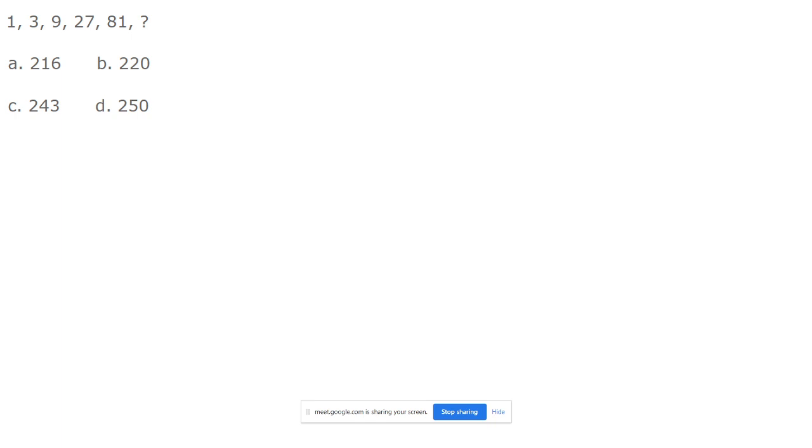Why 216? What about 216? 216 कैसे आ रहा है? 216 के लिए भी अगर कोई वैलिड पैटर्न रहेगा तो we can think about it. The pattern is of multiply by 3, है ना? Every time the number is multiplied by 3. 243 is the correct answer. 3 टेबल नहीं है, 3 मल्टीप्लाई होता है. ठीक है, ओके, that's fine, but everyone is able to see कि पैटर्न किस हिसाब से हो सकता है.